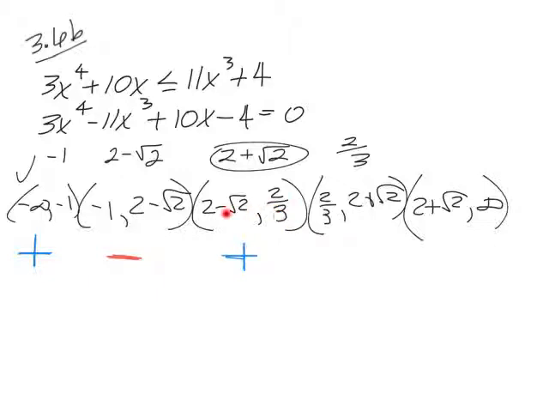That gets a little tricky finding one of those, but there are those out there. Then for the next one, we find a number somewhere between 2/3 and 2 plus the square root of 2. You could put in a number like 1, and it'll kick out a minus. And then for the final one, we put in any number above 2 plus the square root of 2, and we get a plus.